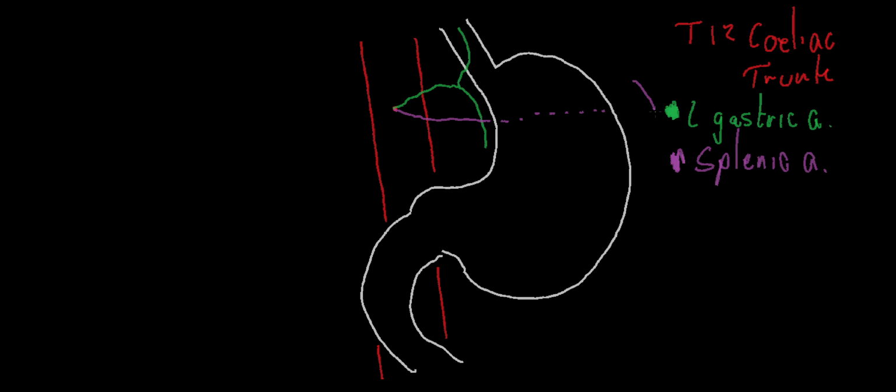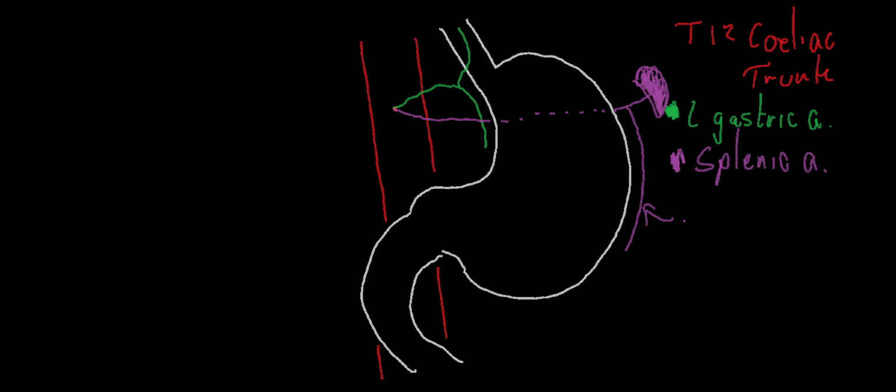And then we can just draw a tiny little spleen on this side here, just to signify where it is. And it will then give off splenic branches to supply blood to the spleen, and it will also branch off to create the left gastro-omental artery, travelling across the greater curvature of the stomach, as you can see there.